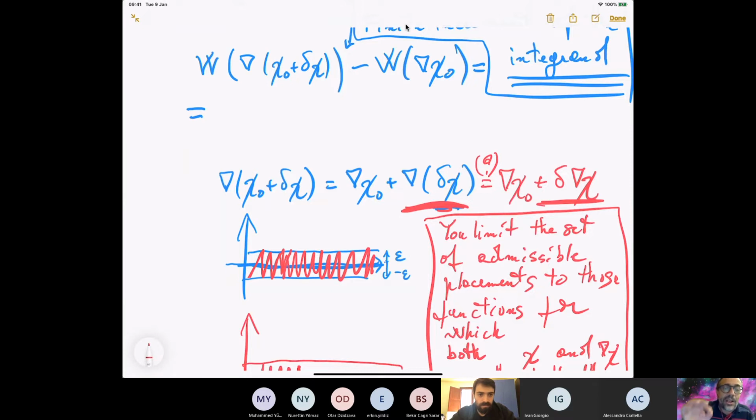Why? Because in COMSOL, you are choosing functions whose derivative you can control.